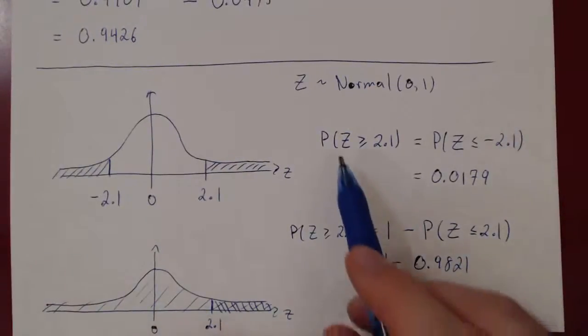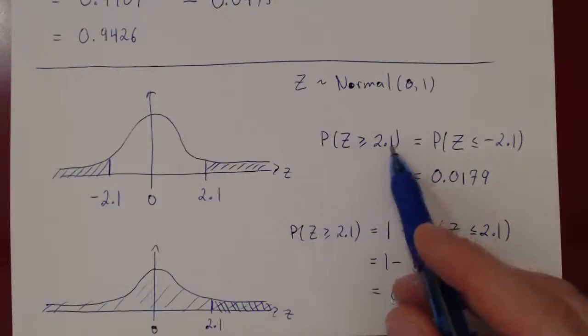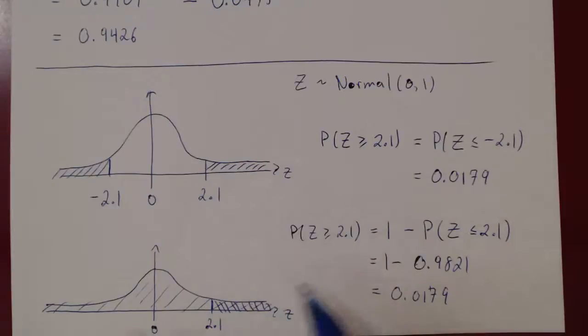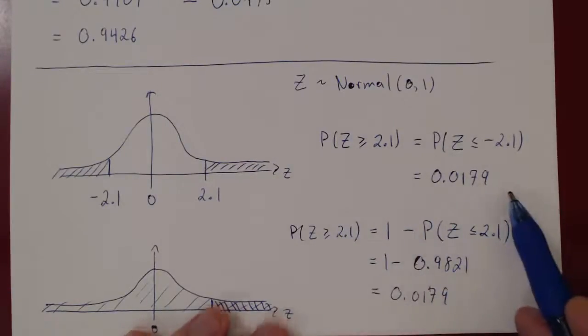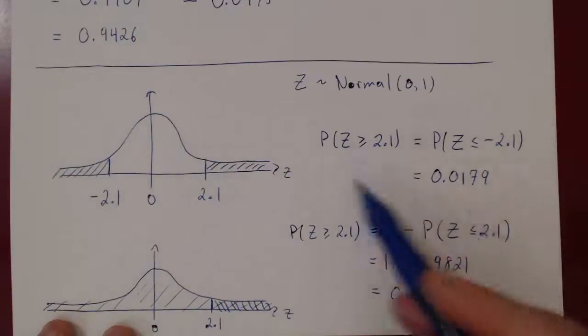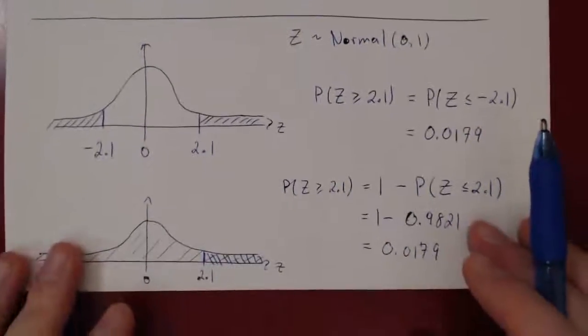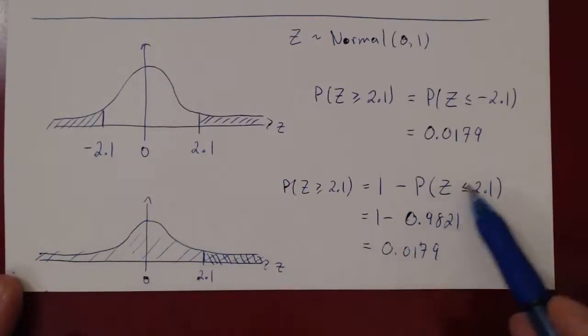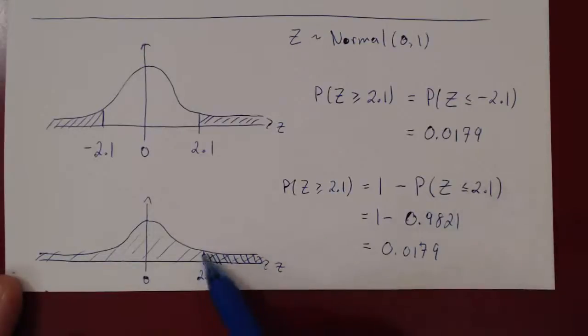So you see we can find the probability of Z being to the right of 2.1, so the area of the right tail of 2.1, either using symmetry about 0 of the distribution curve, which I think is the simplest method, but we can also use the complement rule. Find the entire area, which is 1, and then throw away the area to the left of 2.1, and you're left with the area to the right of 2.1. Whichever method you prefer, knock yourself out.